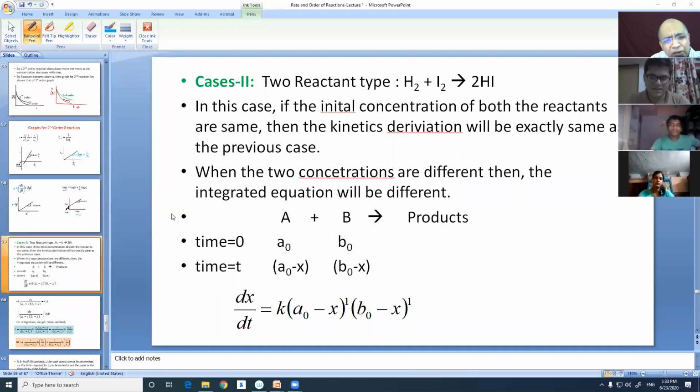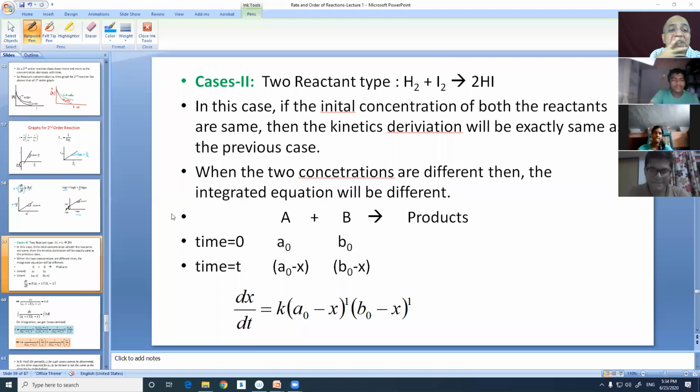You volunteer. Anybody? Anybody open? t0.5 equal to 1 by k into A0. Are you crazy? What is the expression for the half-life period of a second order reaction? 1 by k A0? Yes, precisely, Chinmay.